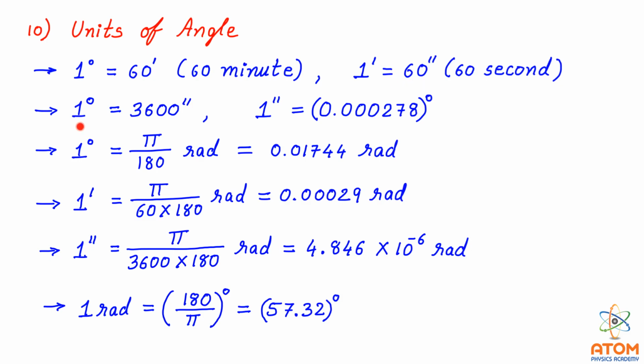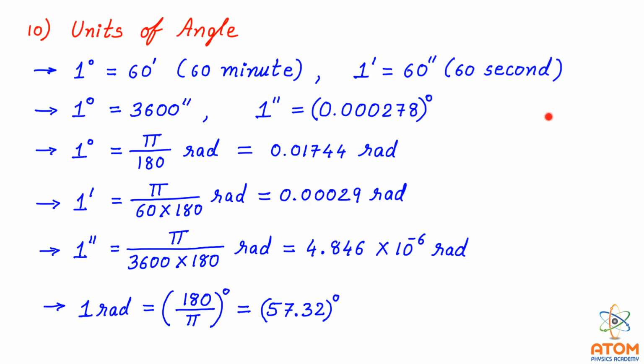So 1 degree is 3600 second. Obviously from that only you can find out 1 second is equal to 0.000278 degree.